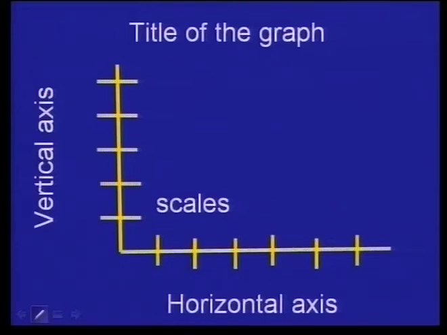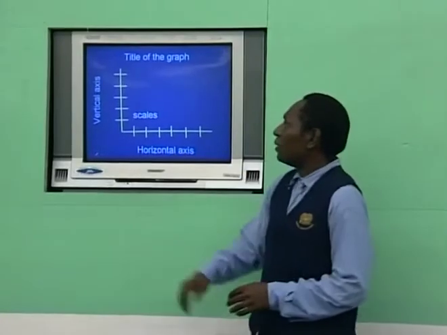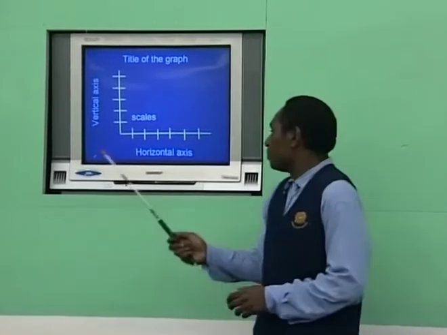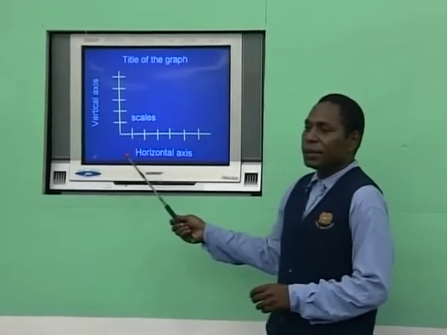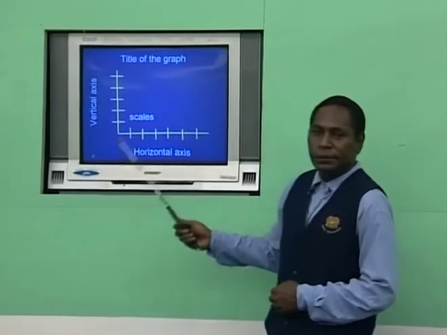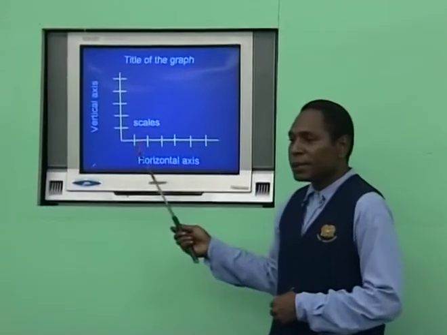Okay, this time we are measuring temperature and time. On our graph, what do you think we'll put down here? At the bottom, we will put certain numbers.